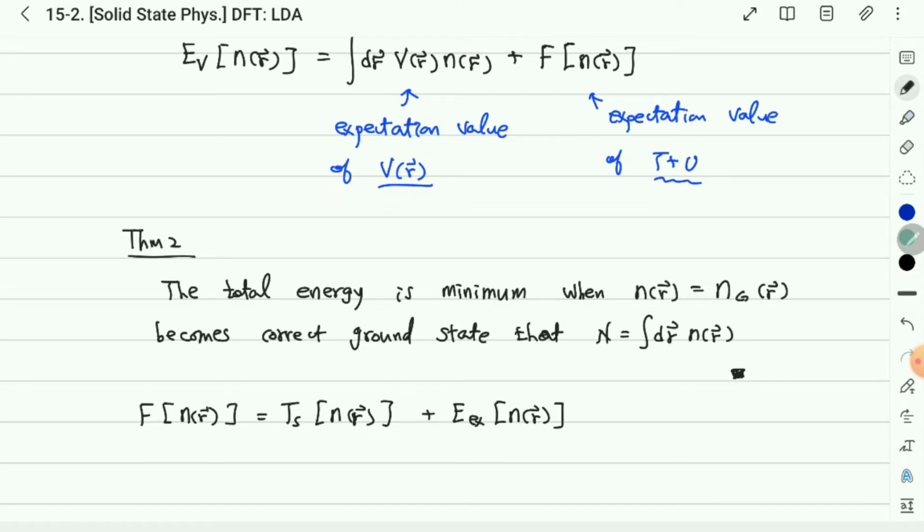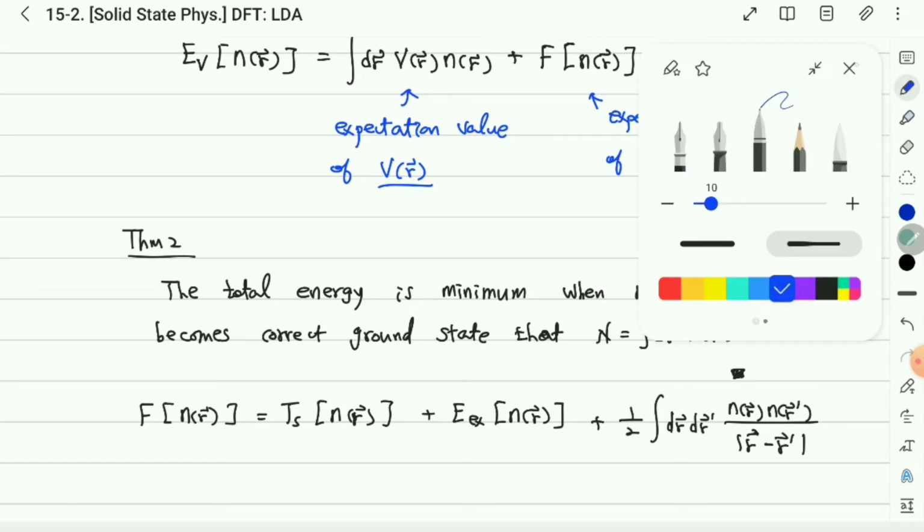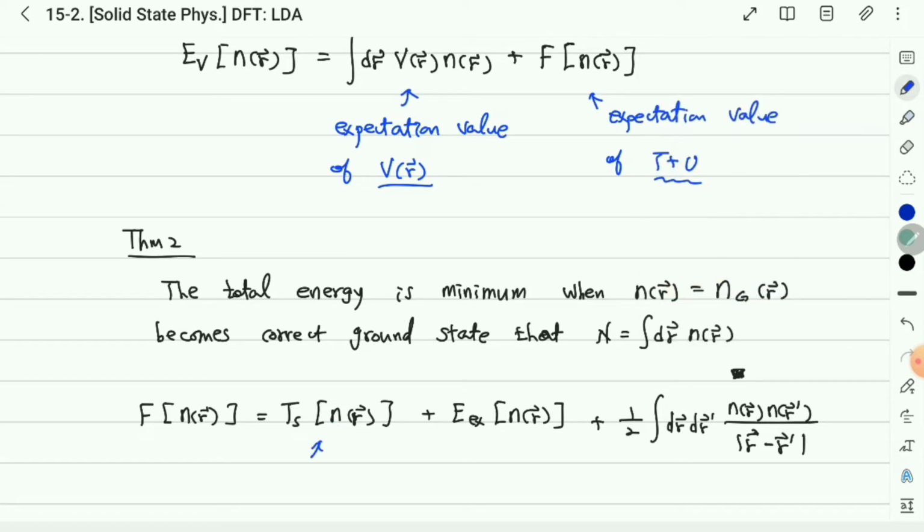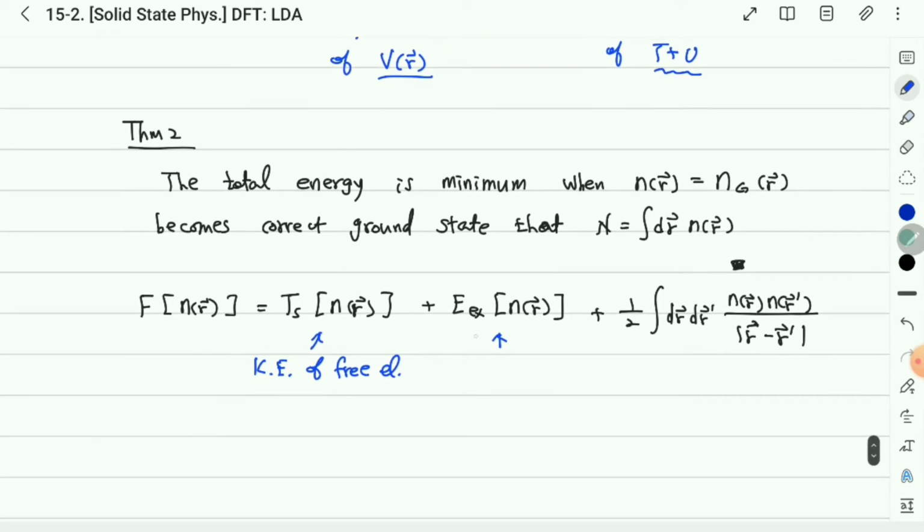The Coulomb interaction can be written as 1/2 integral dr dr prime n(r) n(r prime) over |r minus r prime|. The first term is the kinetic energy of free electrons, and the second term is the exchange correlation energy.